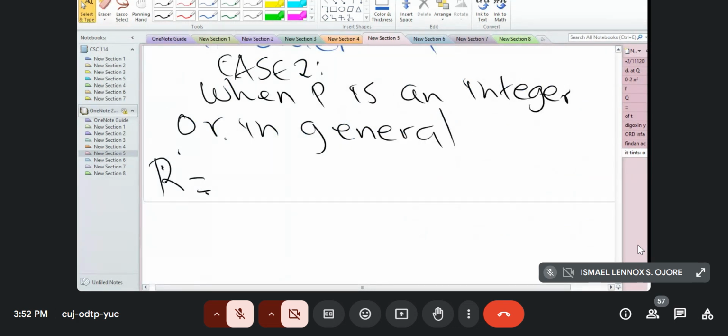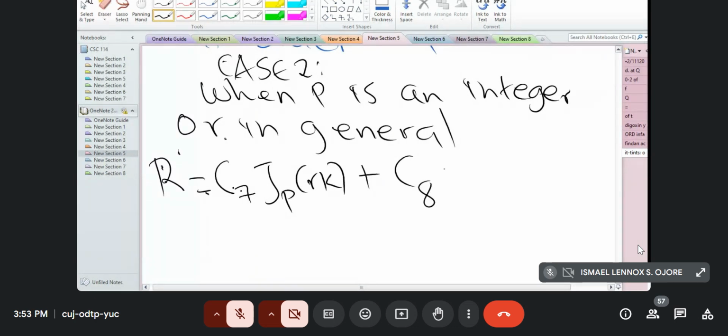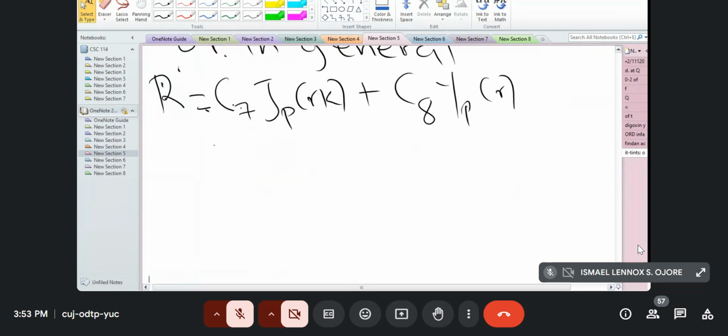When p is an integer or in general, the solution will be given by R is equal to C7 Jp of rk plus C8 Yp of rk, where we've defined Jp, it's the Bessel function of first kind of order p.